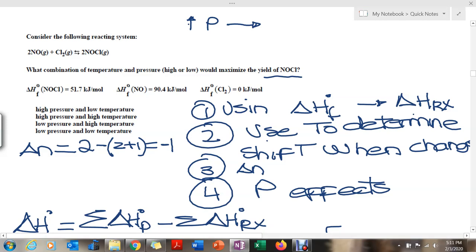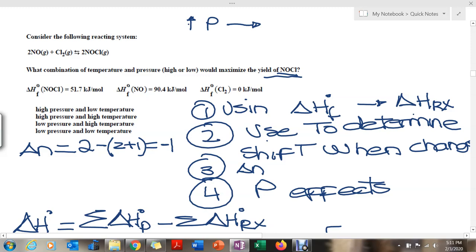So if you increase the pressure, it shifts to the right. That's what we want, because it said maximize the yield of the product. You want to see the shift to the right as a consequence.